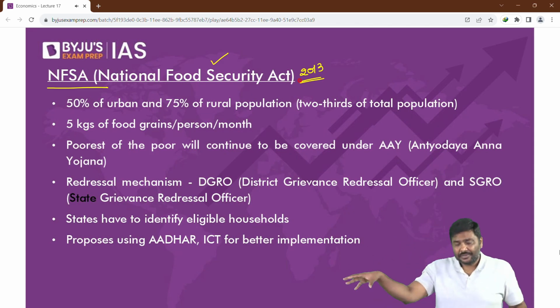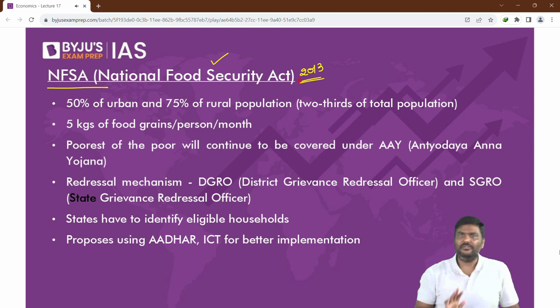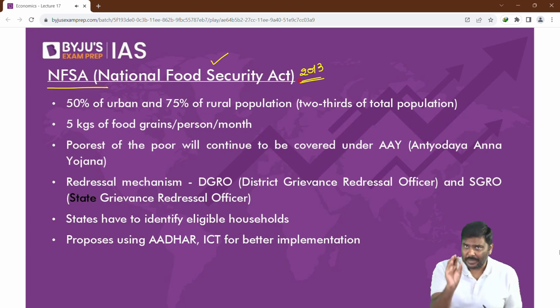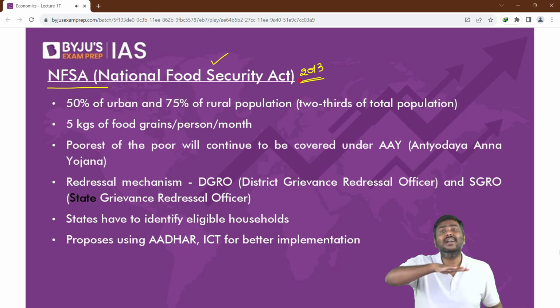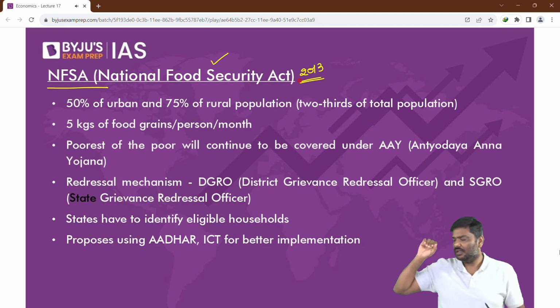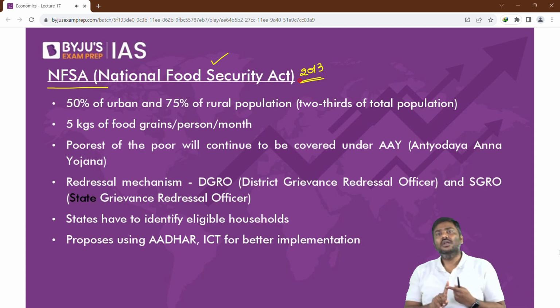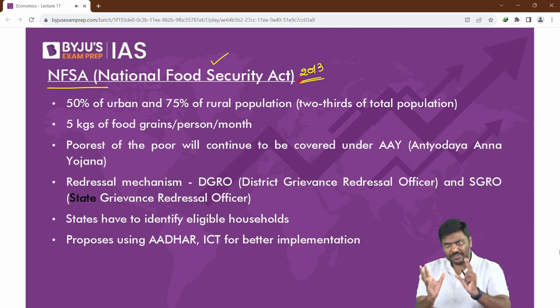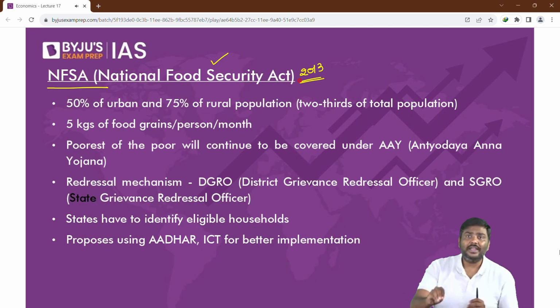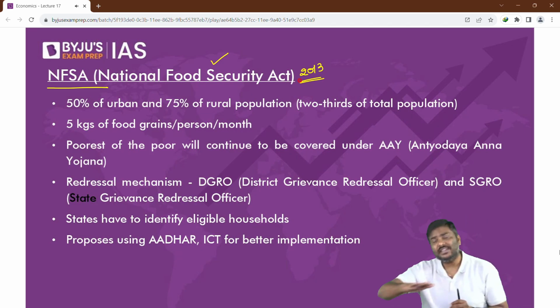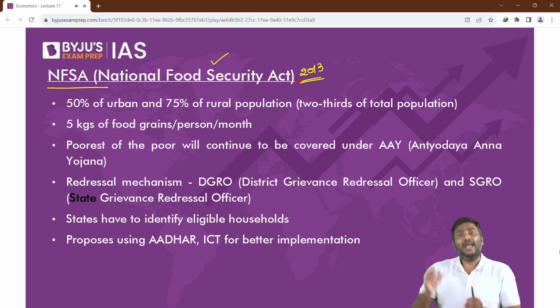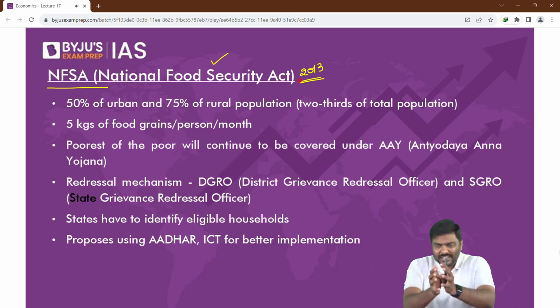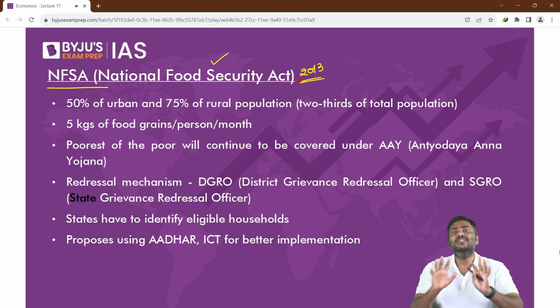Under NFSA, the Government of India says the beneficiaries will be identified. That is, 2/3 of India's total population will be identified, and these beneficiaries will be provided food grains at subsidized prices. I will repeat the statement. We are going to identify the beneficiaries, and these beneficiaries will be given food grains at lower, subsidized prices.